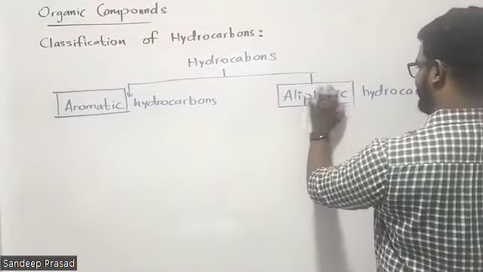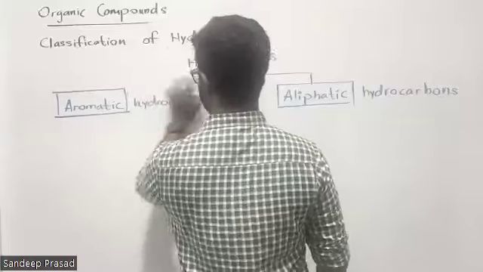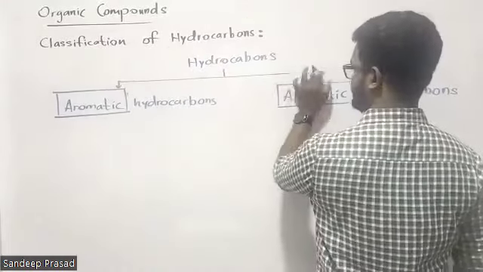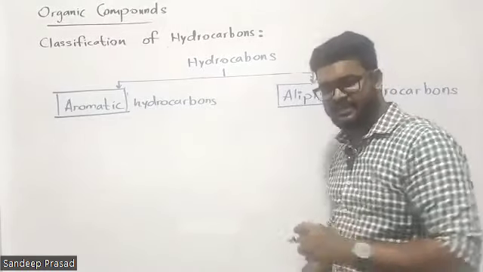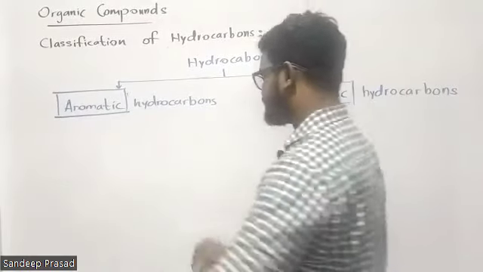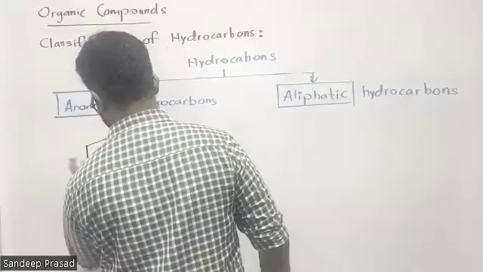So first of all, I'll tell you about these aromatic hydrocarbons. Do you know why the term aromatic came? Actually, under the aromatic hydrocarbons, students, we are discussing benzene and its compounds.